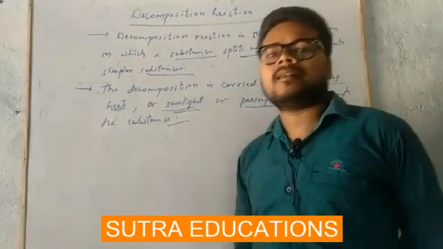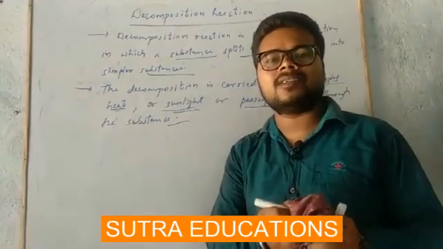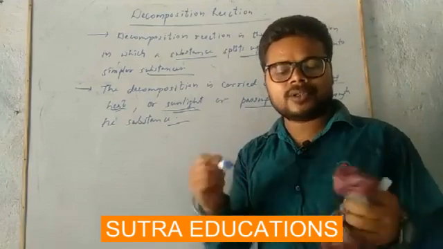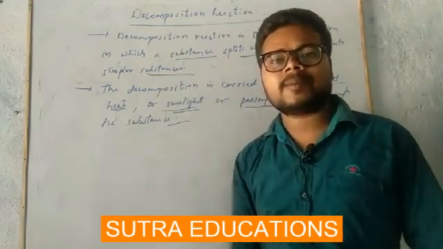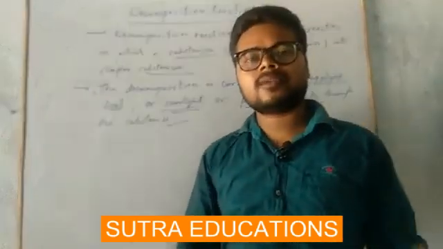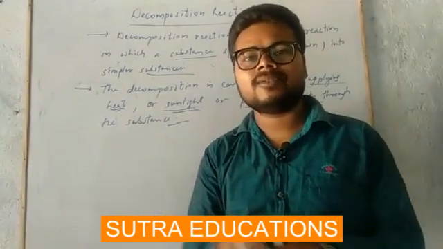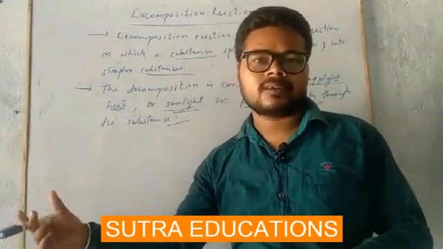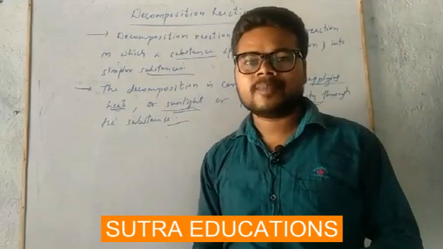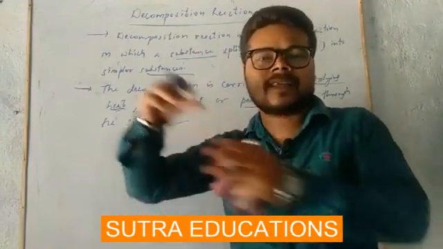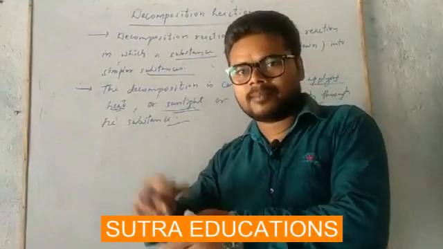One more thing, decomposition reaction is just opposite of combination reaction. I told you combination reaction is the type of reaction in which two or more substances get combined to form a new product or new substance, and in this case a substance is breaking down into simpler substances.